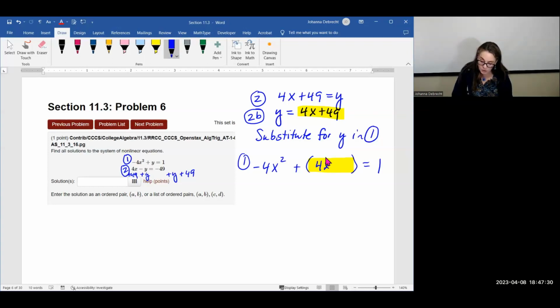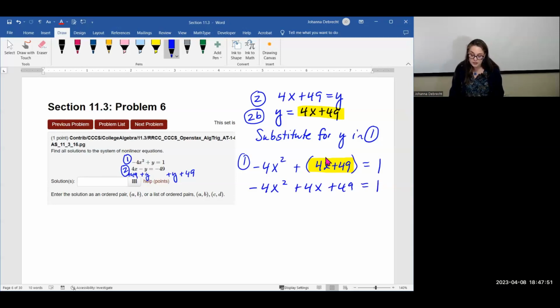So now I have 4x plus 49 dropping into the hole. And then I can go ahead and simplify. I can drop the parentheses because the coefficient is +1. So I get -4x squared plus 4x plus 49 equals 1.